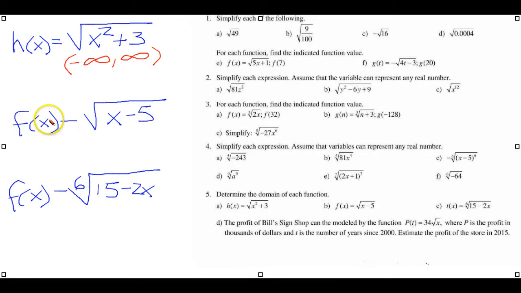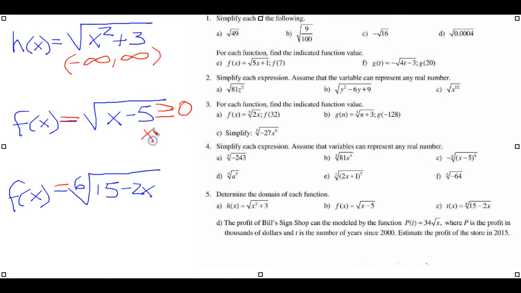Now, for this one, these are equal signs. Here, this is square root, so we can't have a negative number under the radical. So this radicand, which is under the radical sign, has to be greater or equal to 0.